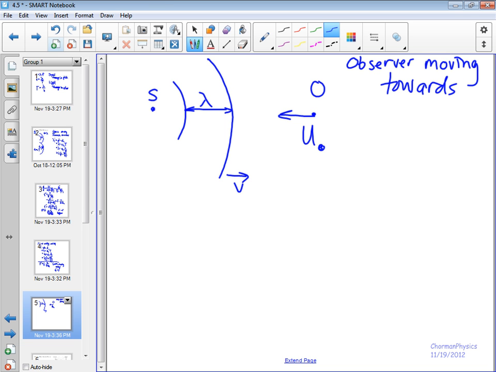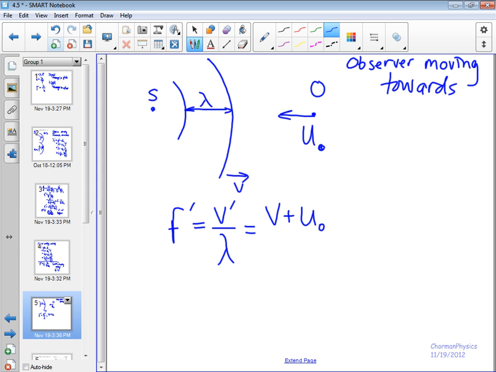And so what we end up seeing here is that there's going to be a shifted frequency, and that shifted frequency is going to be equal to f prime is equal to v prime all over lambda. Okay, so lambda hasn't changed, but what has changed is the relative speed of the wave, because we are now moving relative to the medium. So that relative speed through the wave is the relative velocity.